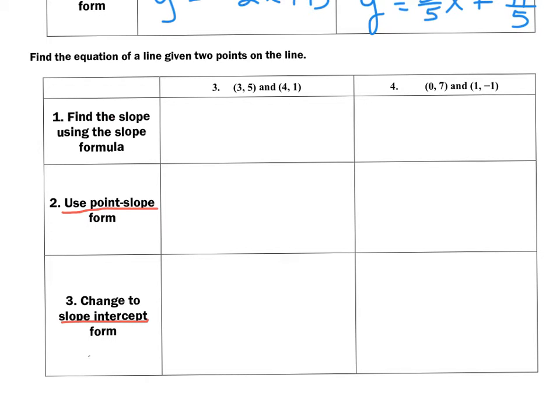So first we have to find the slope. Our slope formula is y2 minus y1 over x2 minus x1. I'm just going to label the first point as the 1 and the second point as the 2.